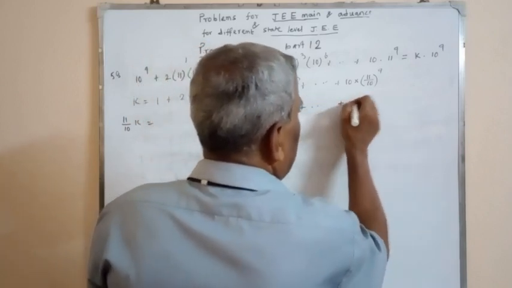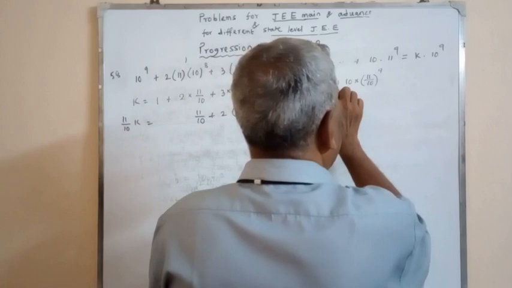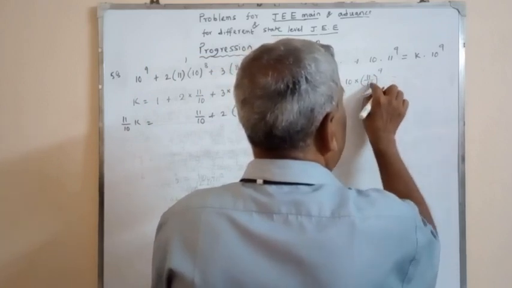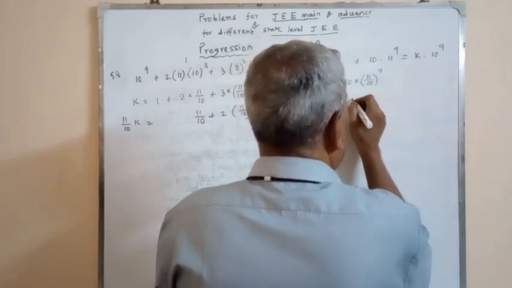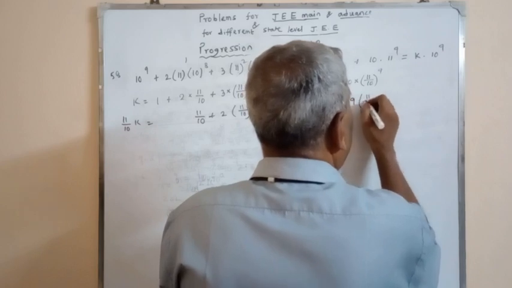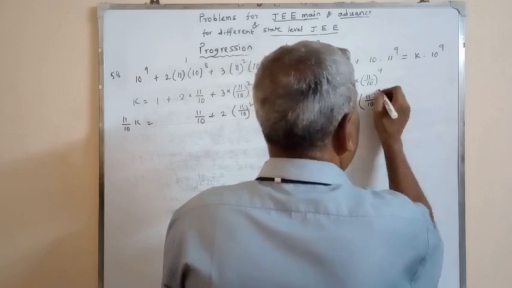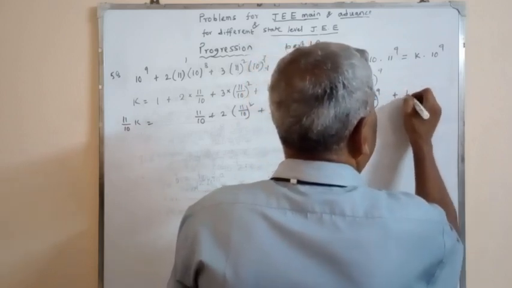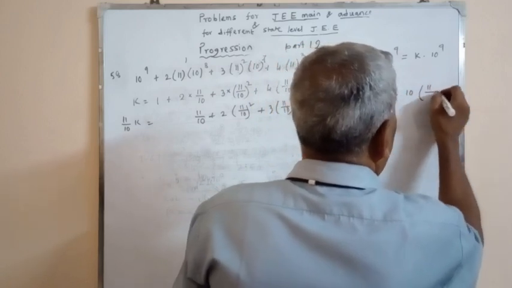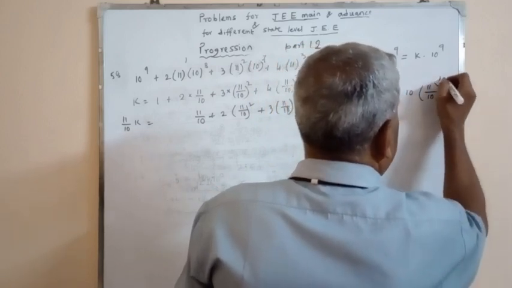This way, the term 9 into 11 by 10 to the power 8 becomes 9 into 11 by 10 to the power 9, plus 10 into 11 by 10 to the power 10.